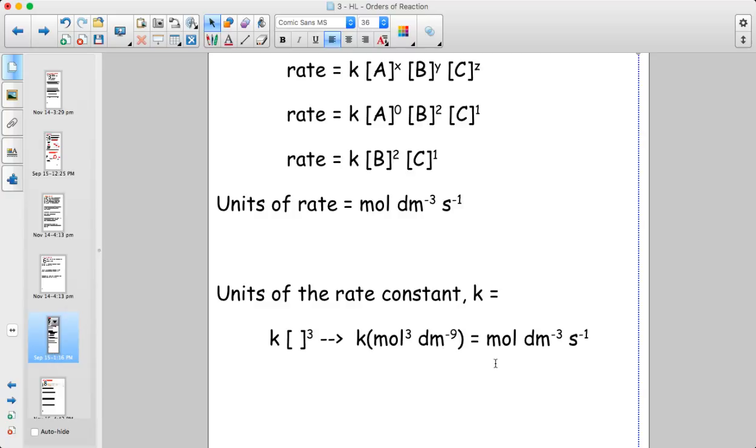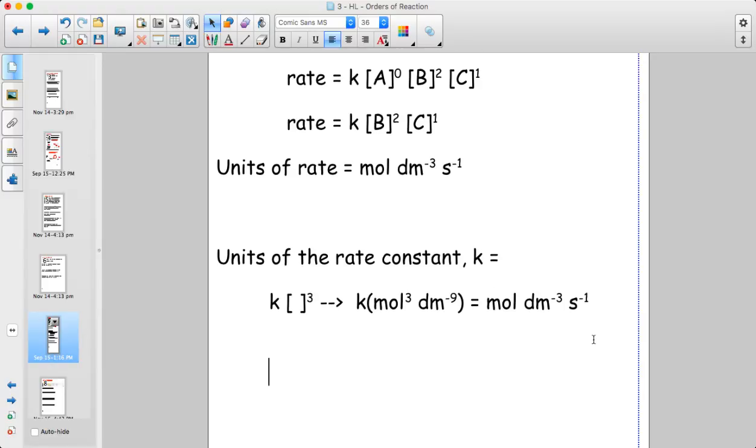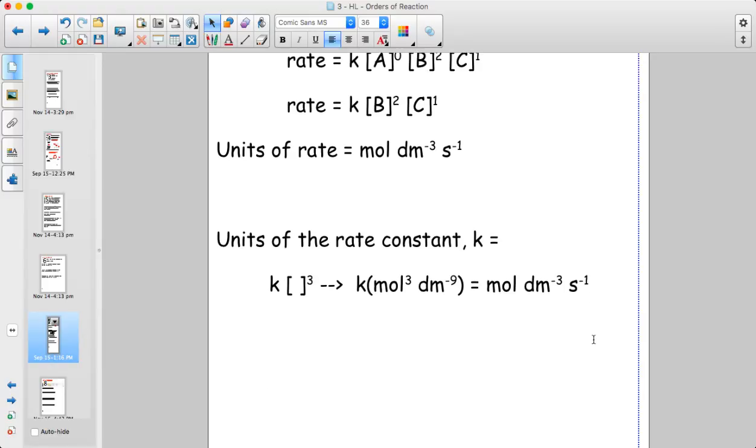So you can solve for it mathematically by putting this under that, but we can also just think through it. I'm going to just think through it right now. And so if I'm going to cancel out mole squared, then K must have mole squared on the bottom, and it must have dm minus 6 on top, and therefore we get dm 9 on the bottom, which is the same as having dm 6 on top.